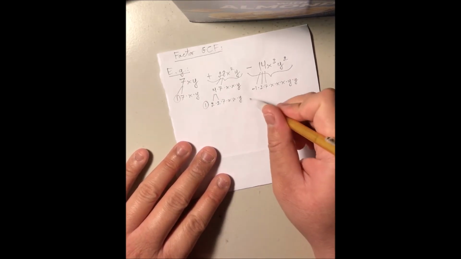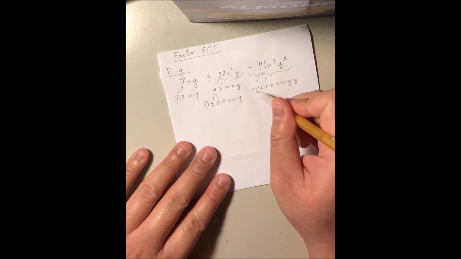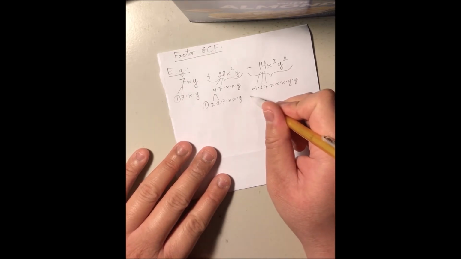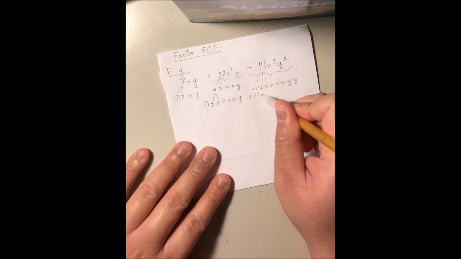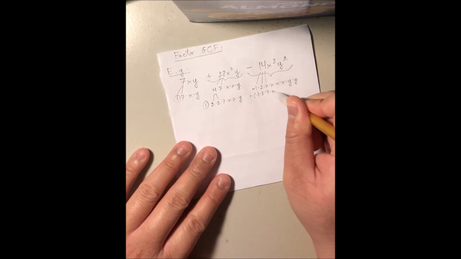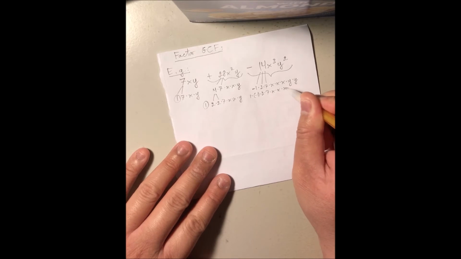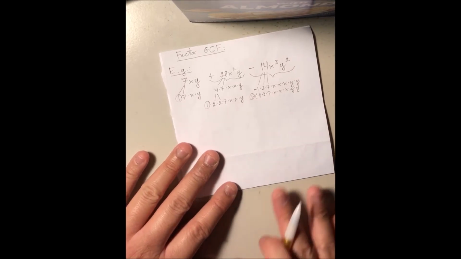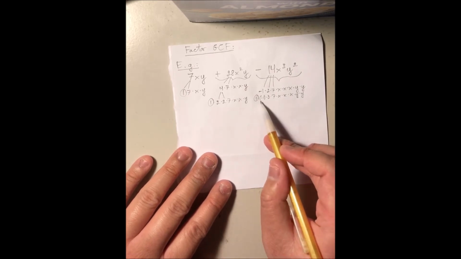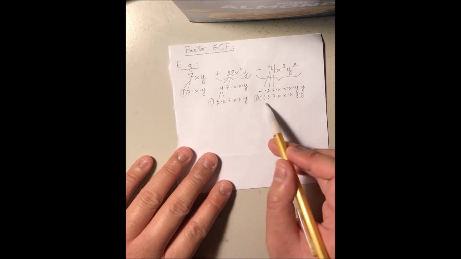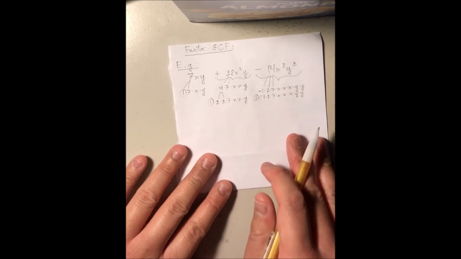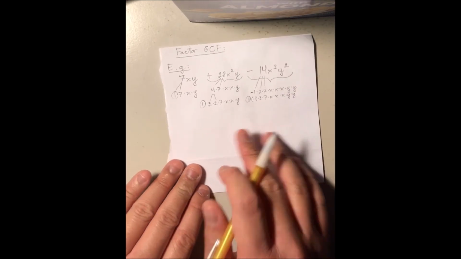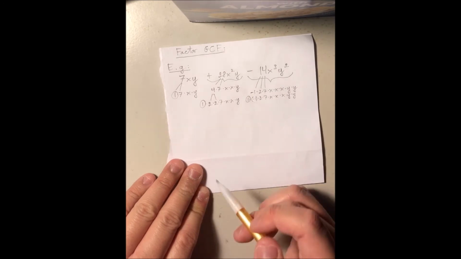So let's rewrite this a little more. Negative 1 times 2 times 7 times x times x times x times y times y is the same as positive 1 times all of that. That's the invisible positive 1 right there, because anything by itself is the same as itself multiplied by positive 1. So positive 1 is part of the GCF of this expression.